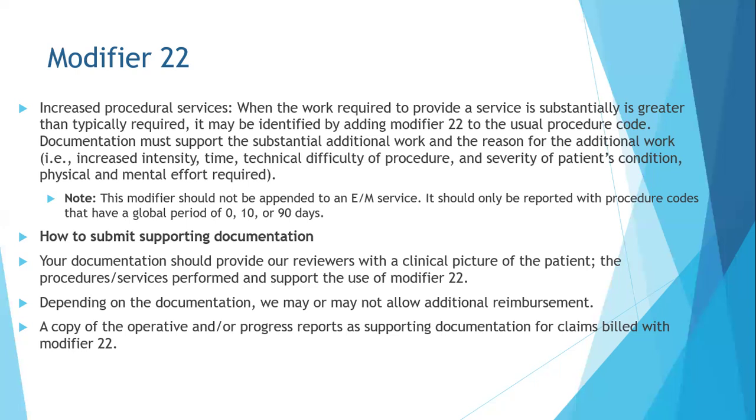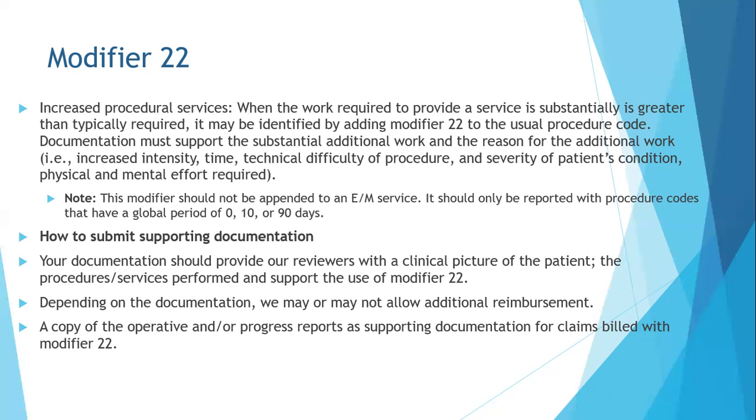For modifier 22, your provider has to do a substantial amount of additional work, and they have to document exactly what that substantial amount was. They can't just tell you that they did, say, 30 minutes of extra work. What did you do in that extra 30 minutes? What was the increased intensity?